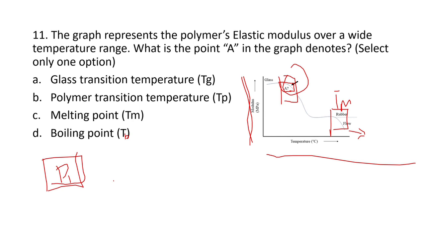But why do we need to study the glass transition and melting point of a polymer or a ceramic or whatever biomaterial that we use? Why would it be important? Any guesses? Okay, it's fine. There are only two simple reasons.